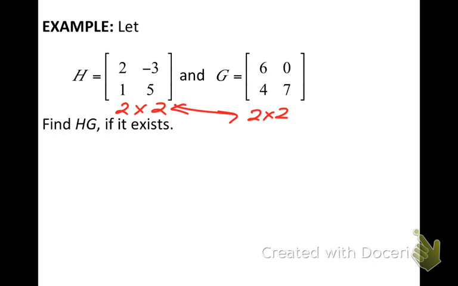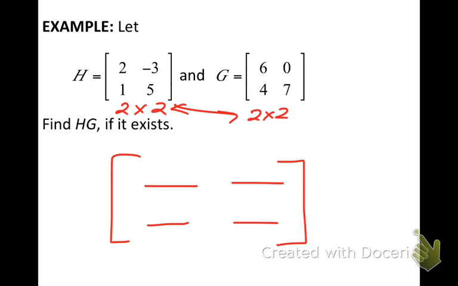So what did we do yesterday? Do we remember? So what I like to do is I like to find what the resulting matrix is going to be and kind of put my 2 by 2 blanks there. So how do I find the element for row 1, column 1? I'm going to take row 1 of the first, and I'm going to blend it with column 1 of the second.